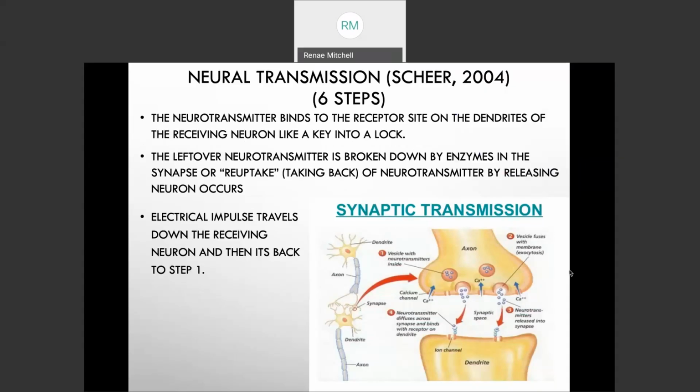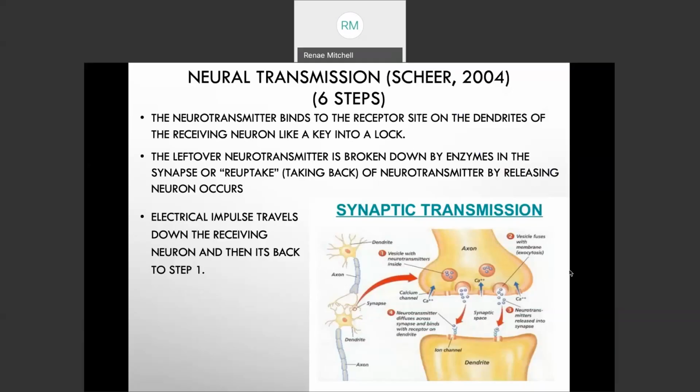They do that first by binding to the receptor site located on the dendrites. This is a lock and key mechanism. For every particular type of neurotransmitter, there is a very particular type of receptor on the other side of the synaptic gap on the dendrite, and those neurotransmitters only bind to those particular receptor sites.